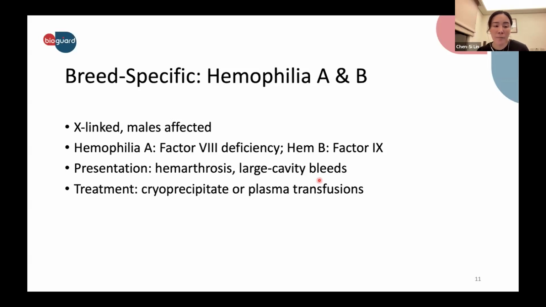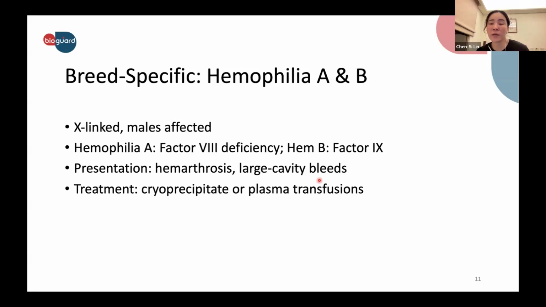So how do we manage this kind of case? Again, we can use cryoprecipitate because it is rich in these coagulation factors. Sometimes we can use plasma transfusion or fresh frozen plasma transfusion when the case is bleeding.